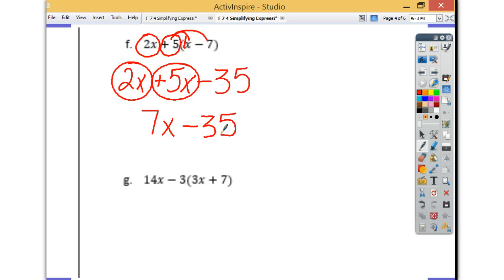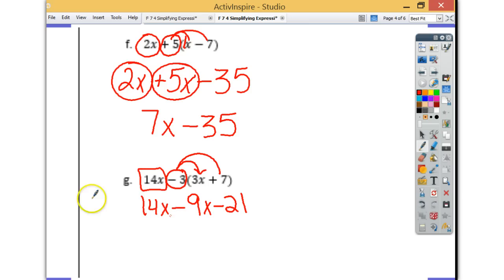Letter G. Now the term that I'm distributing here is this negative 3. Negative 3 times 3x is a negative 9x. And negative 3 times the positive 7 is a negative 21. And don't forget, bring this term down, 14x.